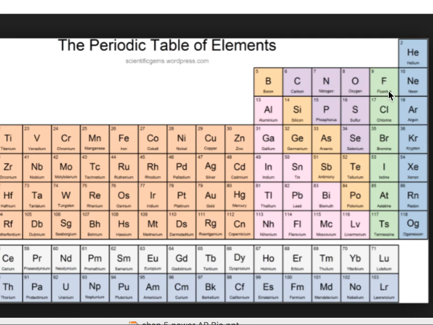Nitrogen would be 1, 2, 3, a -3. Oxygen is a -2, and it's too hard for oxygen to go back and gain and have 6 electrons to be helium, so it rarely does that.